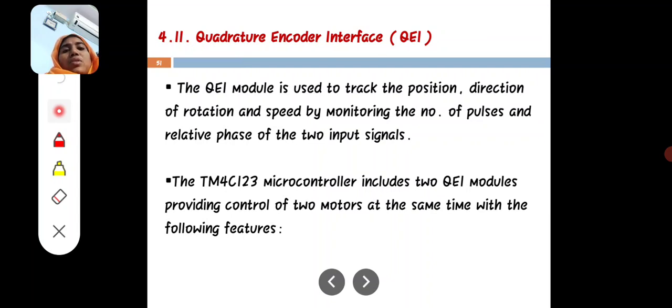The TM4C123 microcontroller includes two QEI modules, like PWM. These modules provide control of two motors at the same time with the following features.